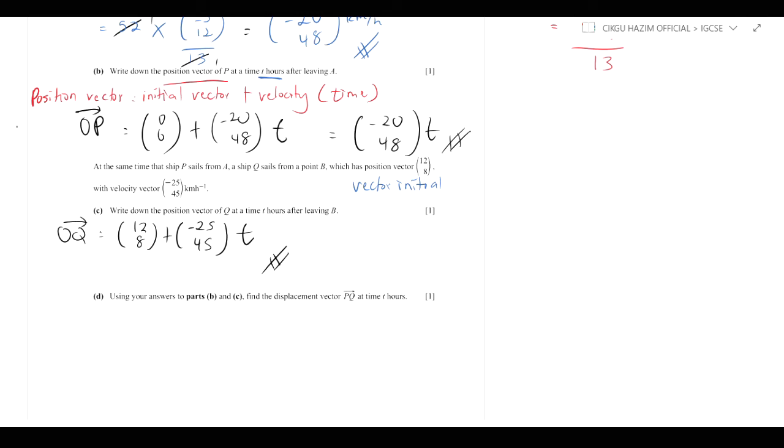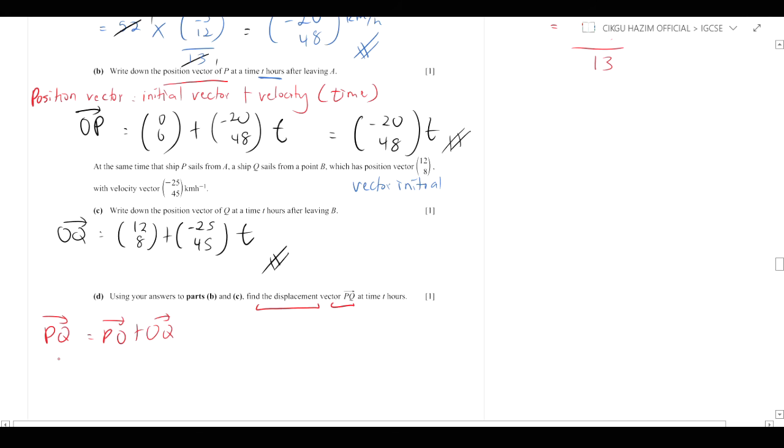So using parts B and C, find the displacement vector PQ at time t hours. What does it mean by displacement vector? The same way we do vector questions, PQ is equal to PO plus OQ.